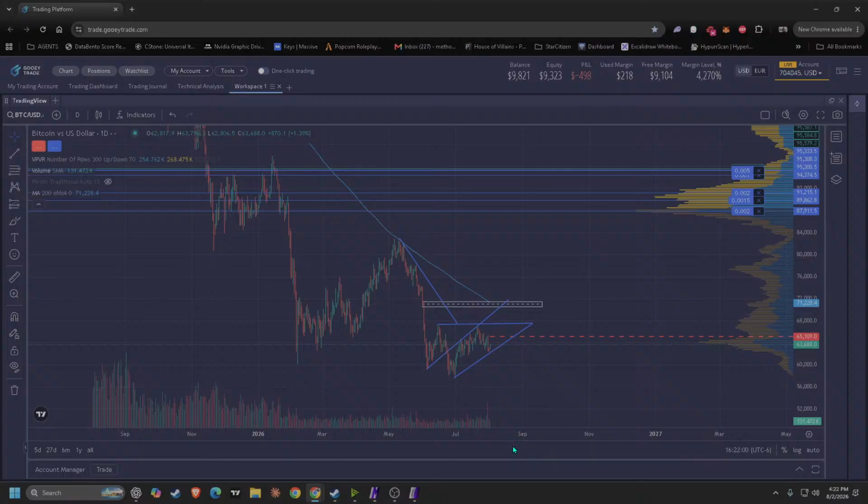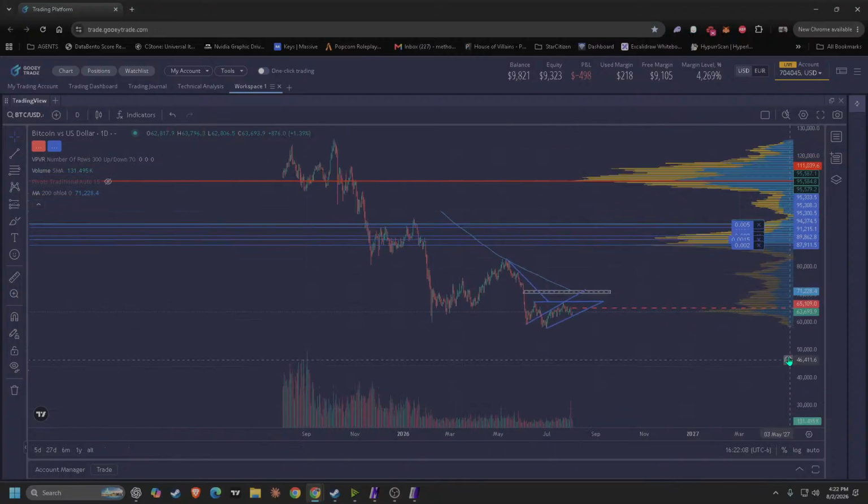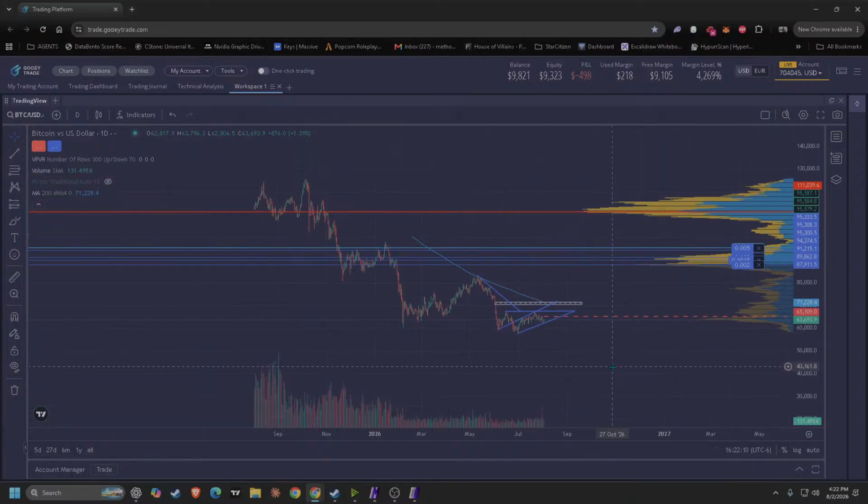All right, so it's consolidation, right? Or it could be working a pullback for another leg down, right? For sure.